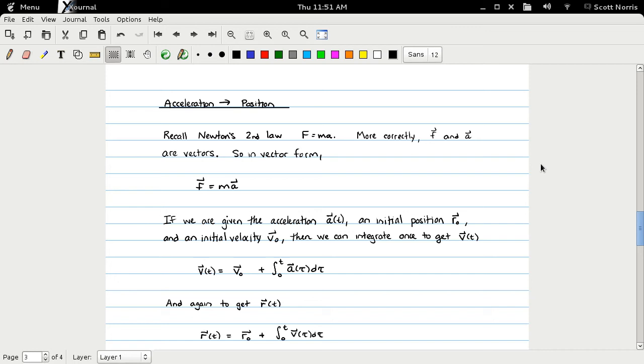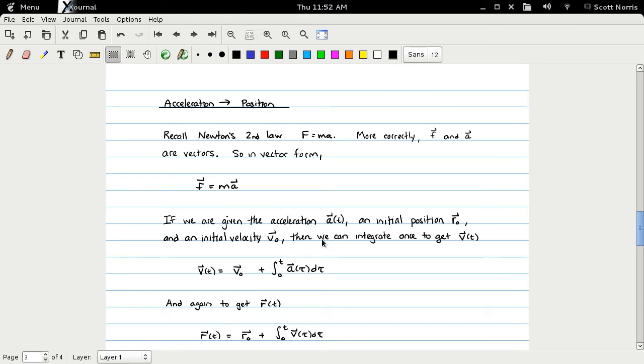We all saw in Calculus 1 and maybe introductory physics Newton's law giving force equals mass times acceleration. What you may not have done before is to put vector signs on that. More correctly, force and acceleration are both vectors. So we have the force vector equals mass times the acceleration vector, or acceleration equals force divided by mass.